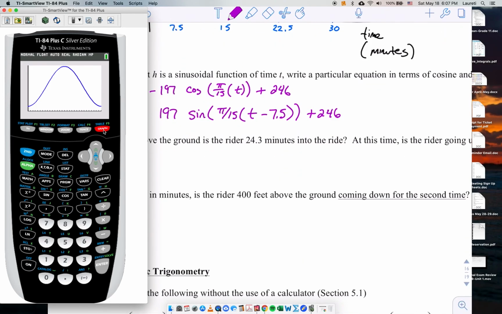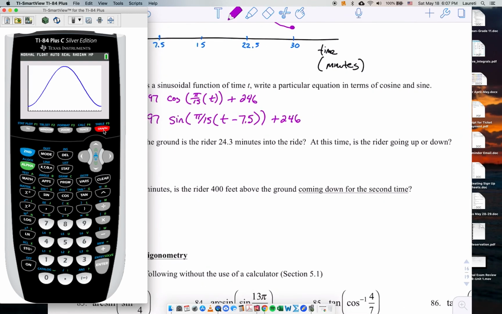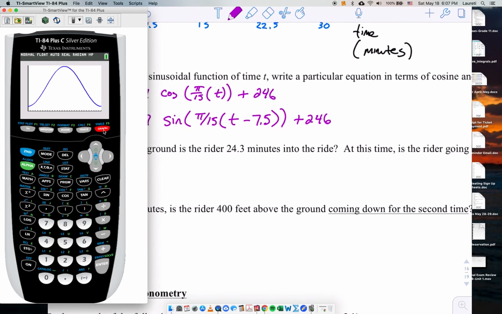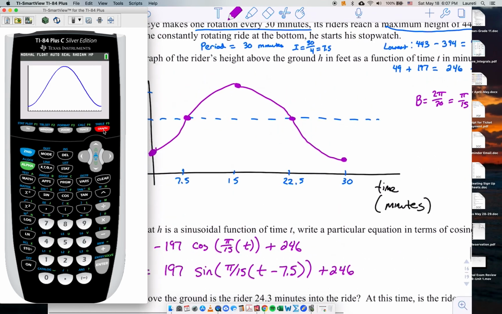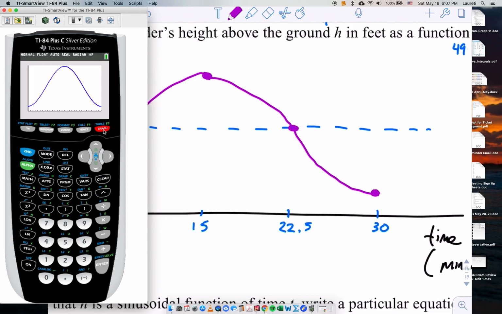So it says, how high above the ground is the rider 24.3 minutes into the ride? At this time, is the rider going up or is it going down? Okay, so if you look at your graph, 24.3 would be about here, right? So obviously, he's going to be going down. So we're going to do trace 24.3.